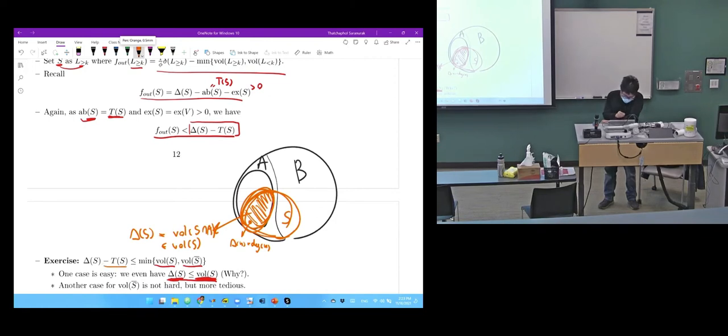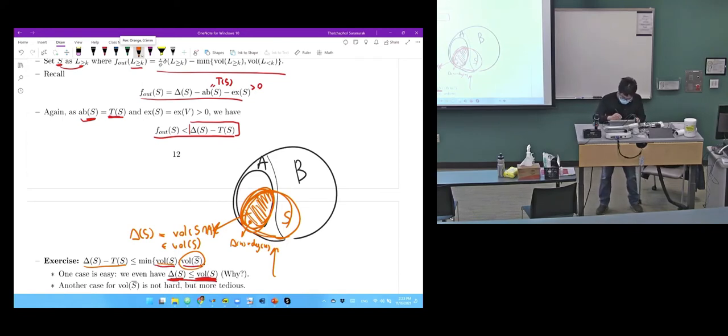And if you even subtract this thing, it's still less than the volume. You can show that this whole thing is less than the volume of the complement too. It's not hard to show. Really just look at the definition again. And so I will just keep that.